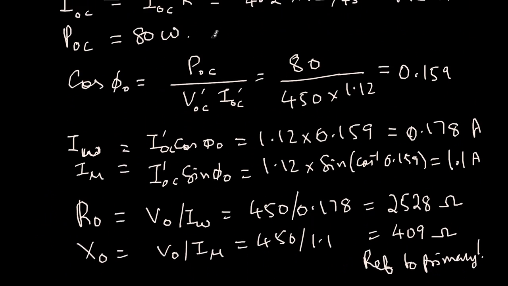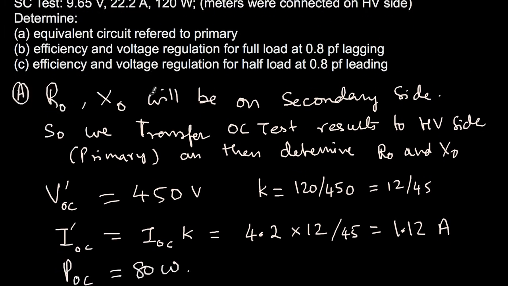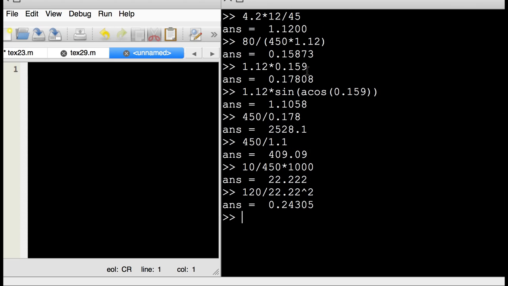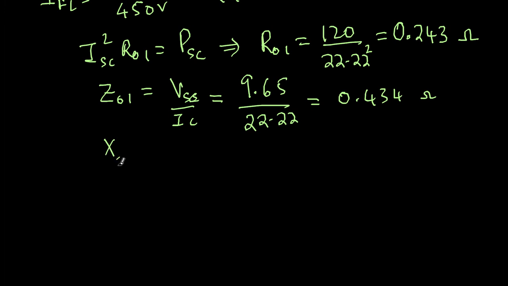This voltage is given to be 9.65, which is typically expected, somewhat less voltage. 9.65 divided by 22.22, I'm getting 0.434. Let me write that, 0.434. From these two values, now I can find X01.